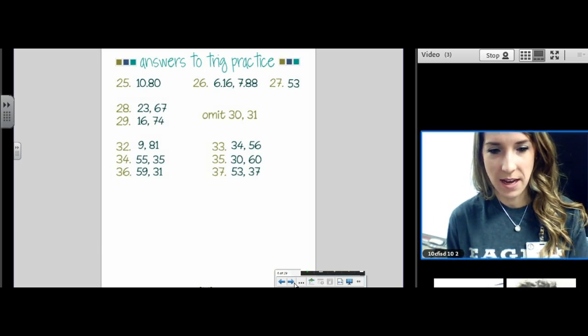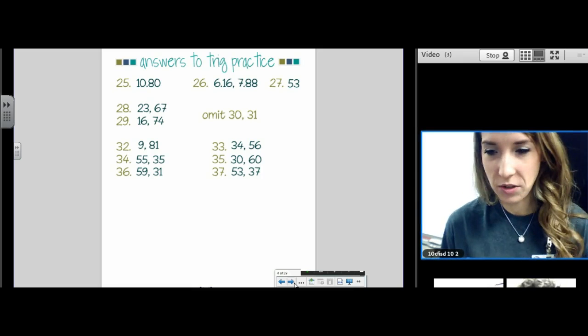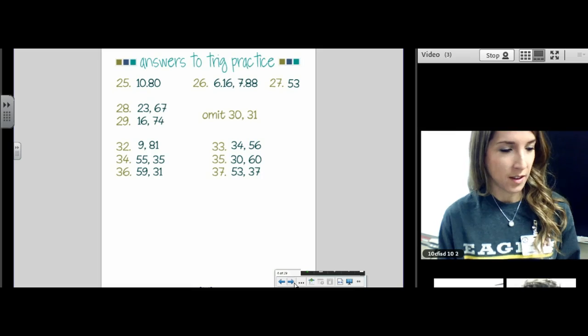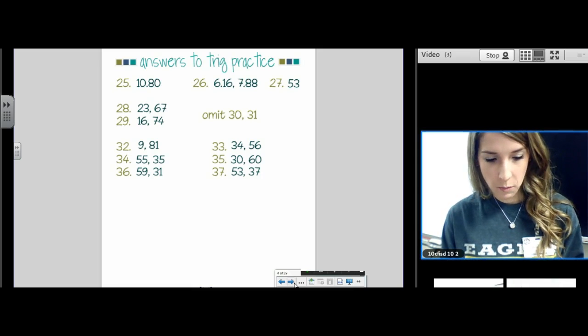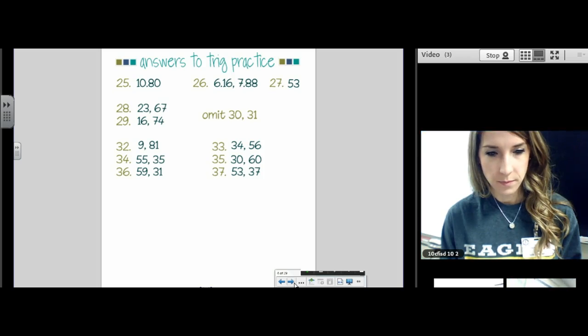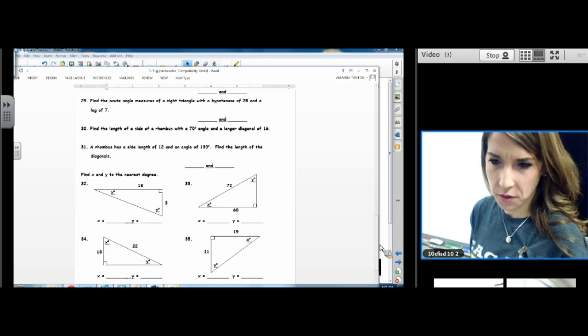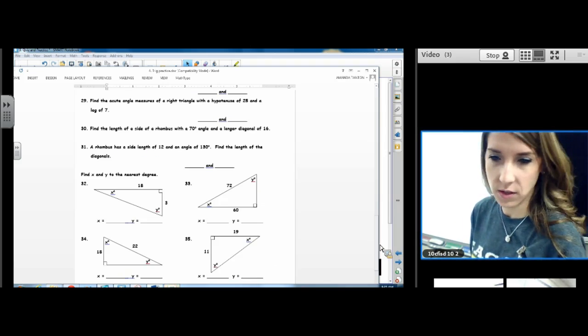Here's the next page of answers. On a lot of these you either get it or you don't get it, right? Not very many of these were deeper thinking problems. You did not know how to do 30 or 31 yet, so I meant to tell you to omit those.